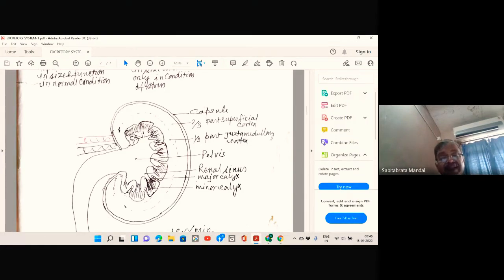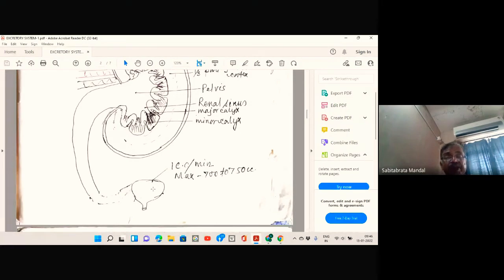And there are channels, which are all connected with the pelvis, which is a wider tube. Suppose these are the sinuses, and here this wider tube is known as major calyx, and the branching of the major calyx is known as the minor calyx.